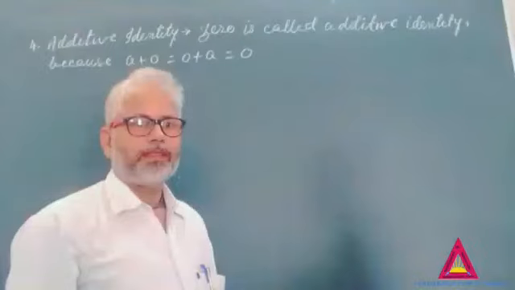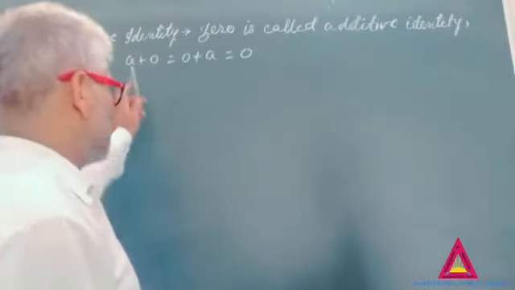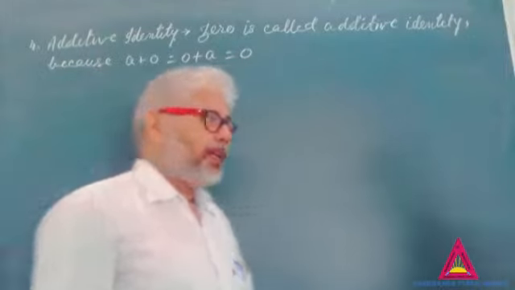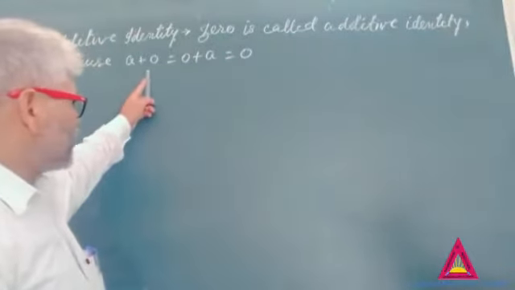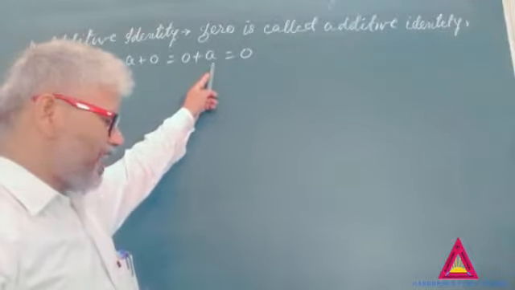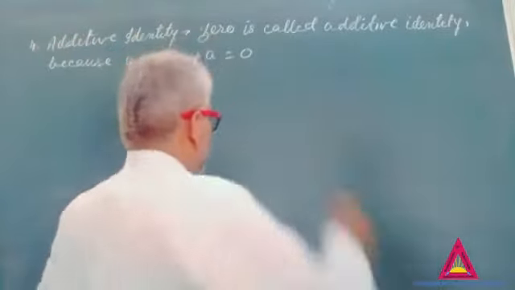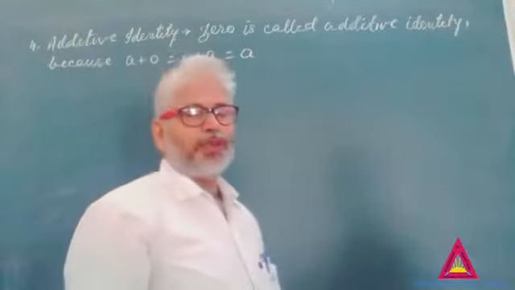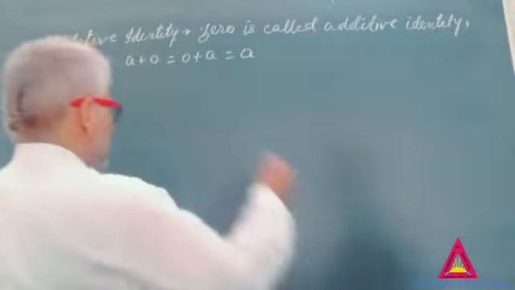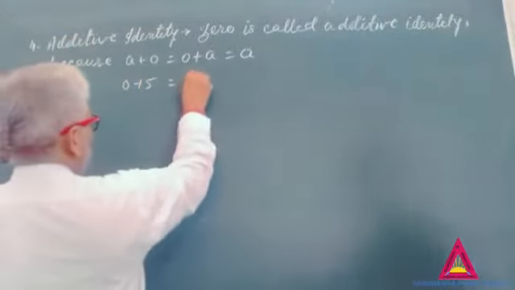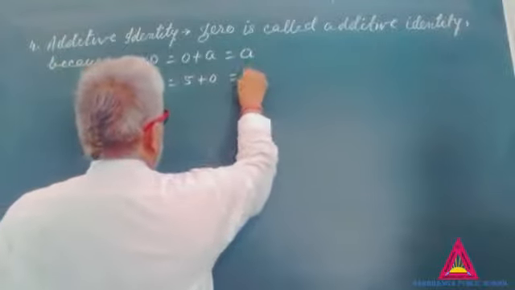Next, additive identity. 0 is called the additive identity. Why? Because a plus 0 is equal to 0 plus a, which is equal to a. Or take another example: 0 plus 5 is equal to 5 plus 0, which is equal to 5.